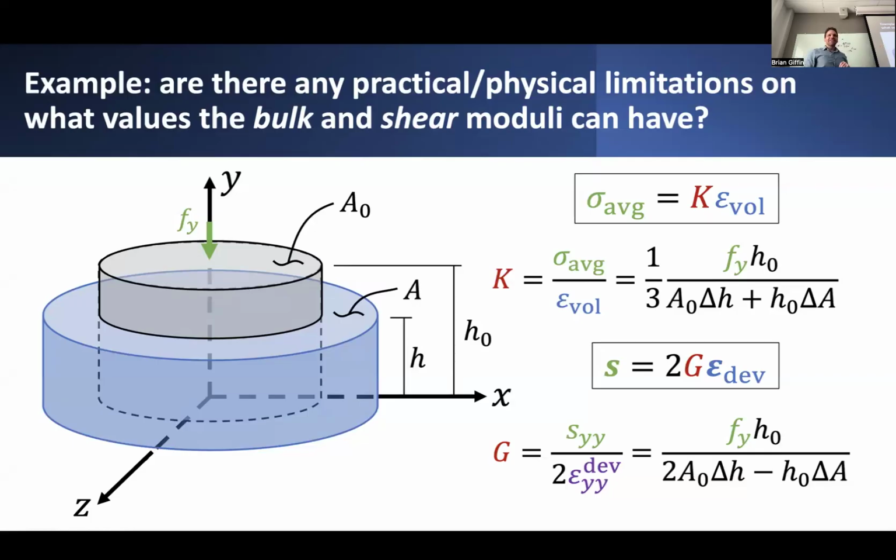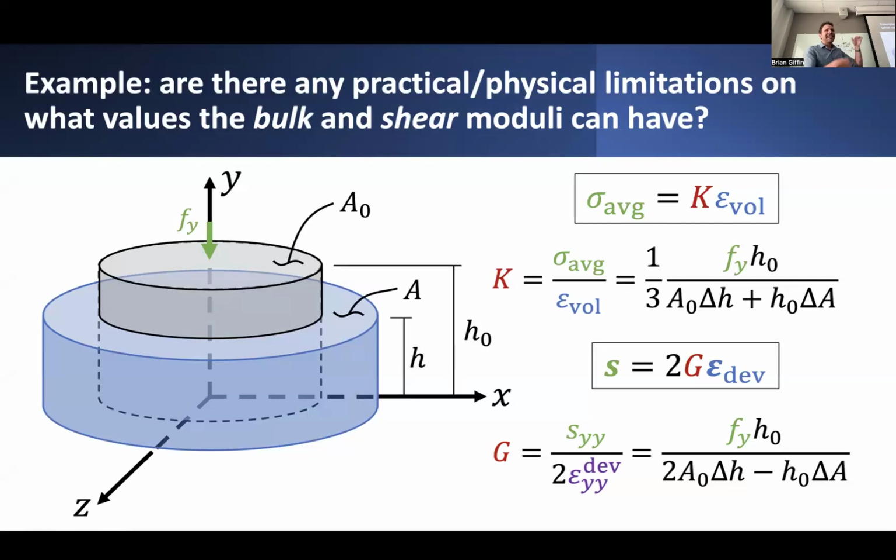But let's examine this a little bit further. It might be useful to consider not the constraints that we put on these individual coefficients of bulk modulus and shear modulus, but rather their ratio. So suppose we took the ratio of the shear modulus divided by the bulk modulus. If you look at the expressions that we've just derived, you'll notice that there are a lot of similar terms.